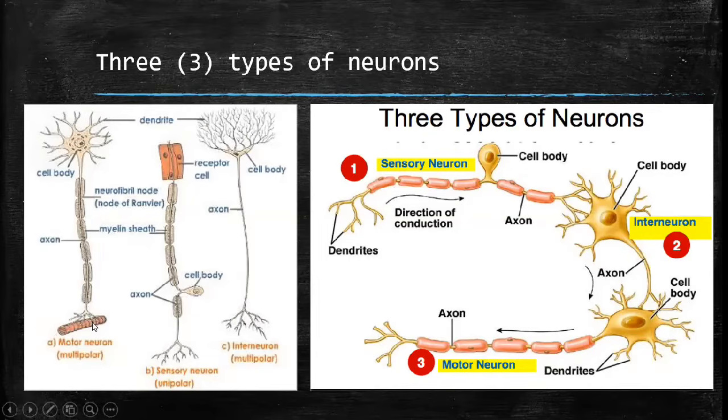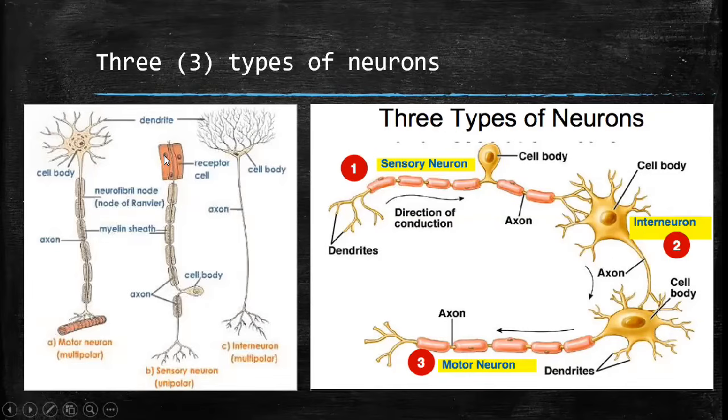And then this part here is the muscle. This muscle is what we call the effector, because it's the one that is stimulated to cause movement when you're supposed to move your hand away from a hot plate or from a hot surface. And then now we have our sensory neuron.